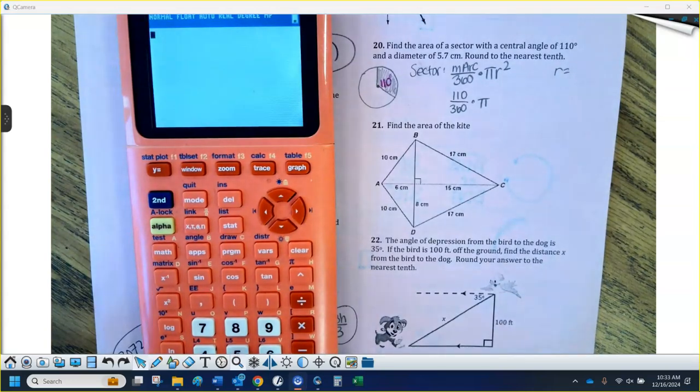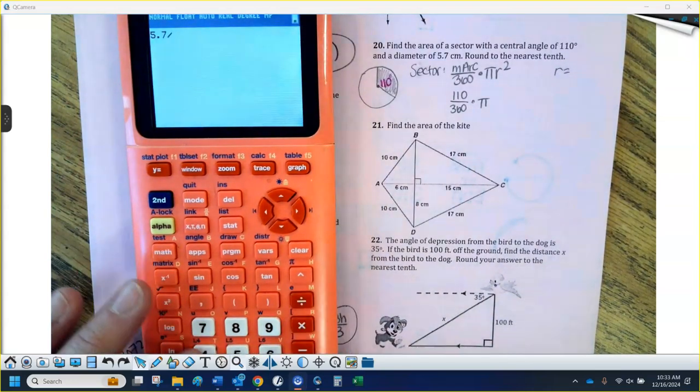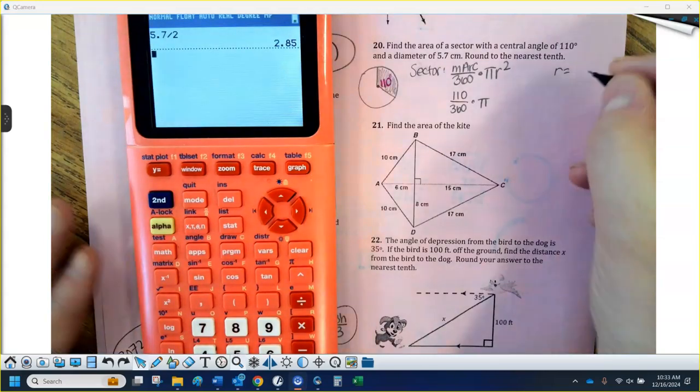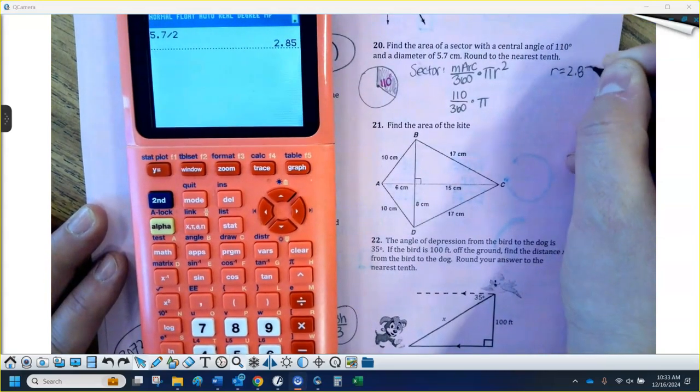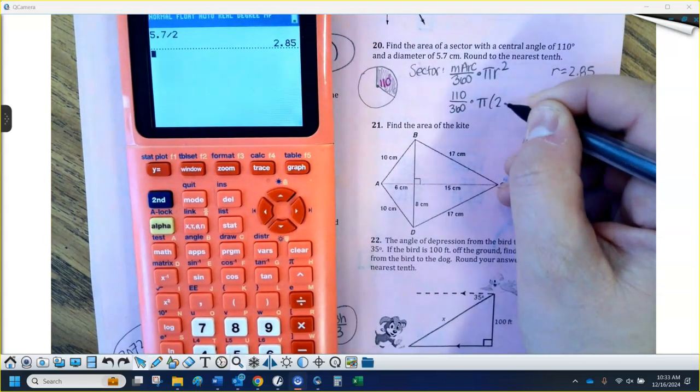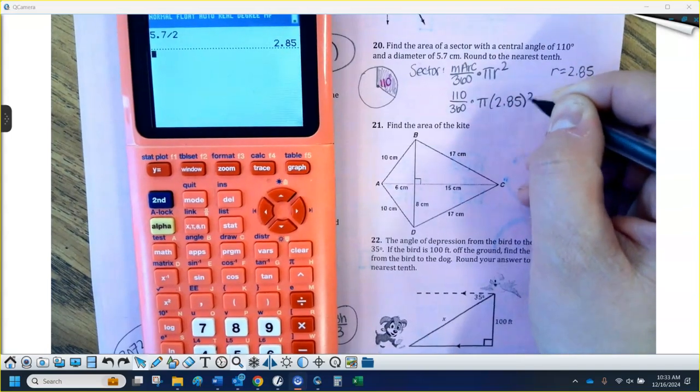Divide by 2. I know a lot of times we do questions in here, we're constantly rounding to the nearest tenth. I can't remember on the final what it is, but write out this whole decimal, right? Because it's 2.85. I cut that in half. That's totally correct. Then you're just going to plug that in for the radius.